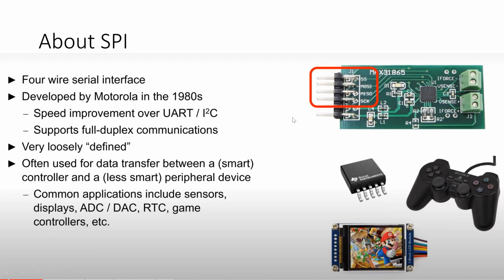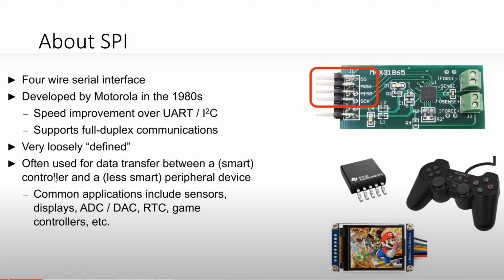After the acknowledgement bit, there will be the transfer of data, the actual data it's going to transfer. So this kind of bit frame structure is there for I2C. These things are not involved in SPI, so it is very loosely defined. This is what I meant here.